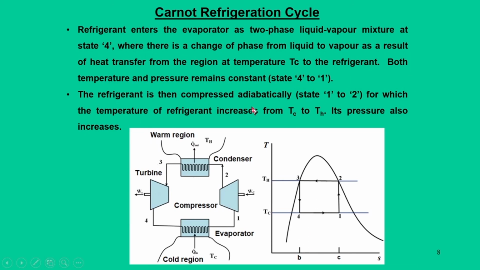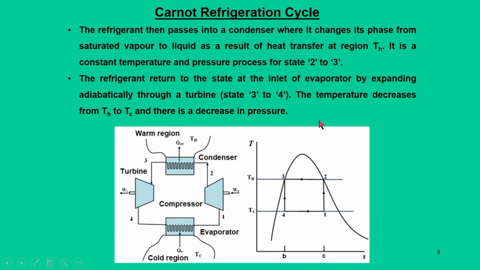The refrigerant is then compressed adiabatically from 1 to 2, for which the temperature of the refrigerant increases from Tc to Th. Of course, since the temperature increases, pressure also increases. Then the refrigerant passes through a condenser, where it changes its phase from saturated vapor to liquid as a result of heat transfer to the region at Th.